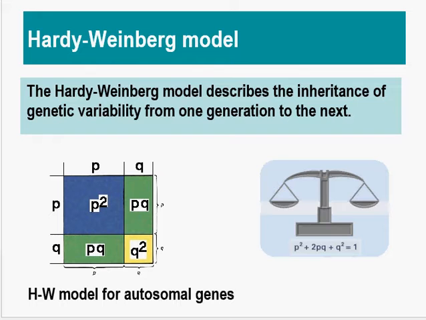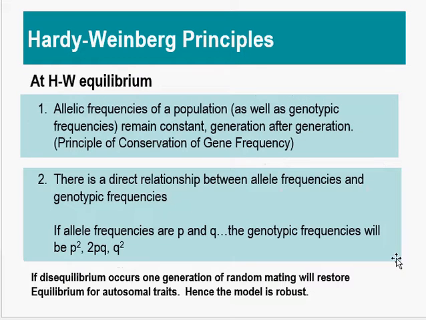But basically, at Hardy-Weinberg equilibrium, the allelic frequency of the population will remain constant. So that means that if the allelic frequency is directly related to the genotypic frequency, then the genotypic frequency must remain constant as well, generation after generation.